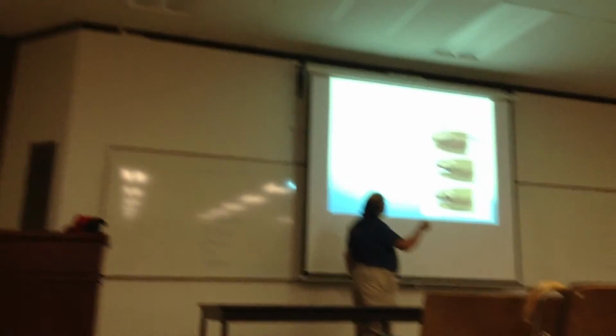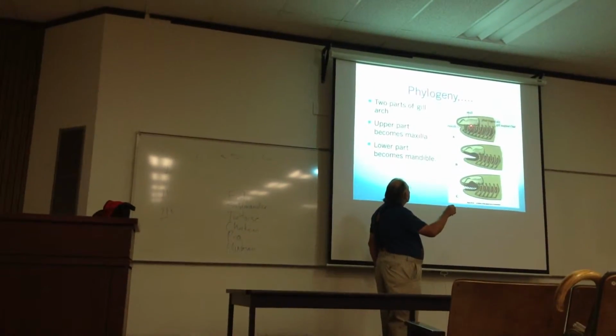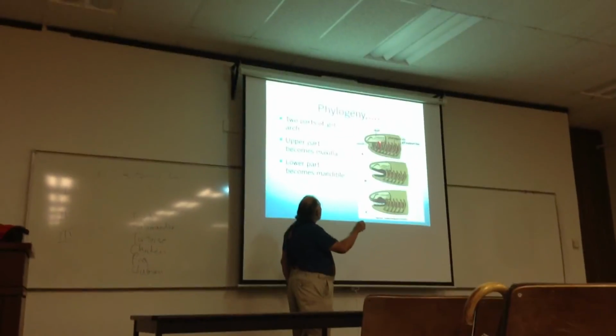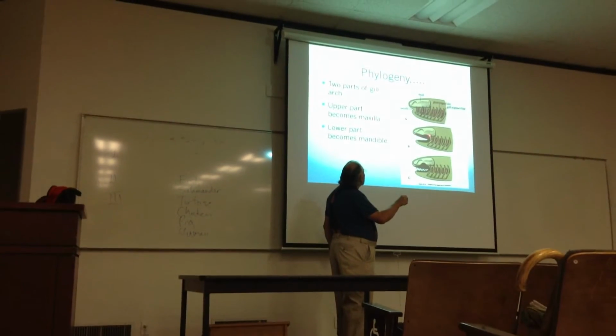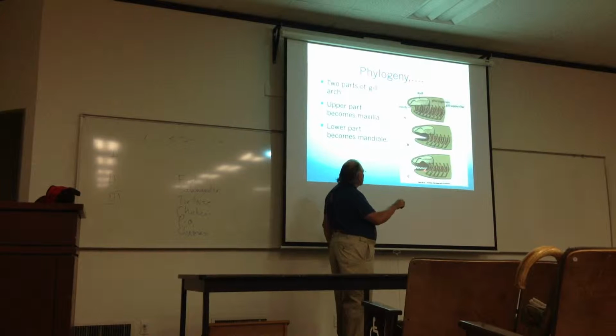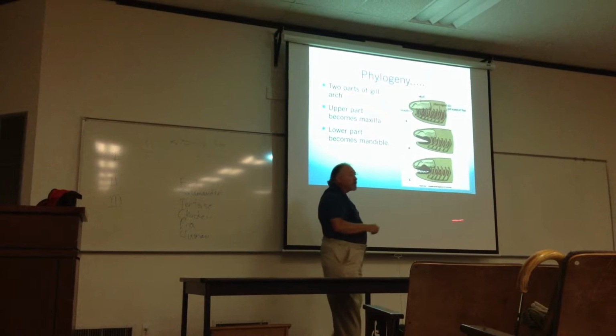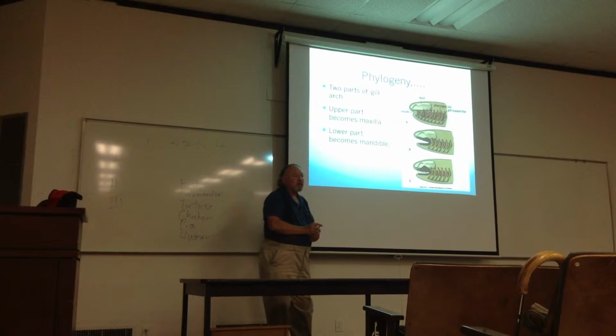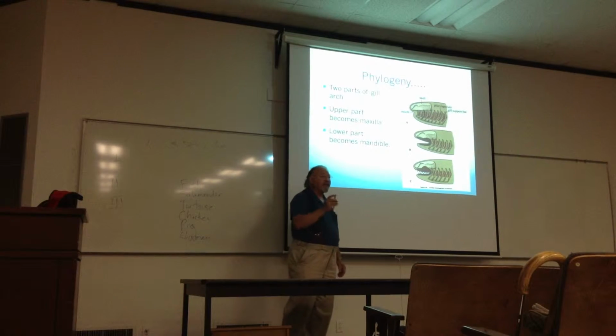Stuff goes into its mouth. But this enlarges and becomes the upper jaw and the lower jaw, and eventually, upper and lower jaw with teeth. But embryologically, that's what happens.